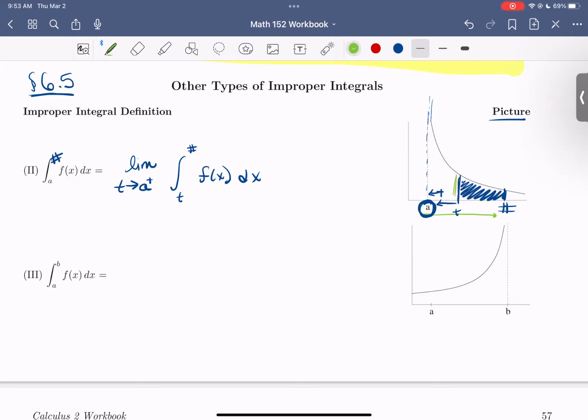And then in the limit, we're going to approach that amount that we can't quite get because our function doesn't actually cross A. All right, so that's that second type of improper integral.